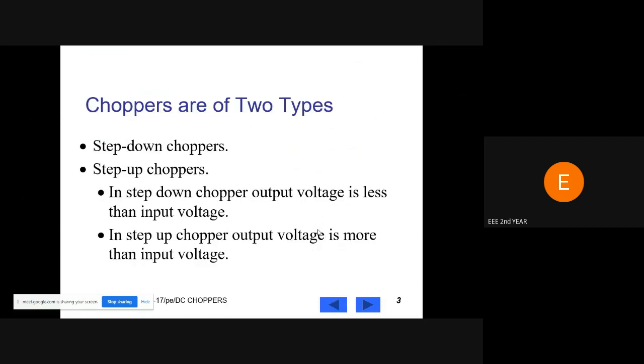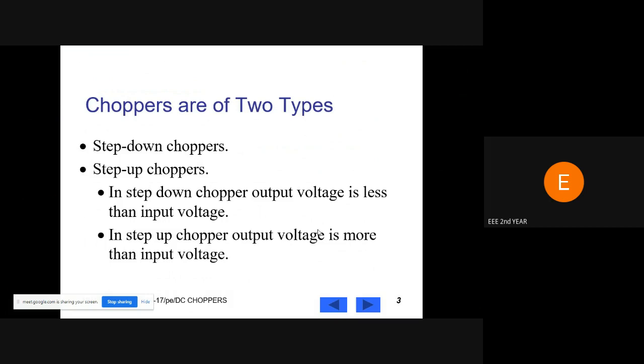Commonly, a chopper operates in two different types: one is the step down chopper, and the other is the step up chopper. In a step down chopper, the input is higher and the output voltage is lower, that is, the output voltage is less than the input voltage.